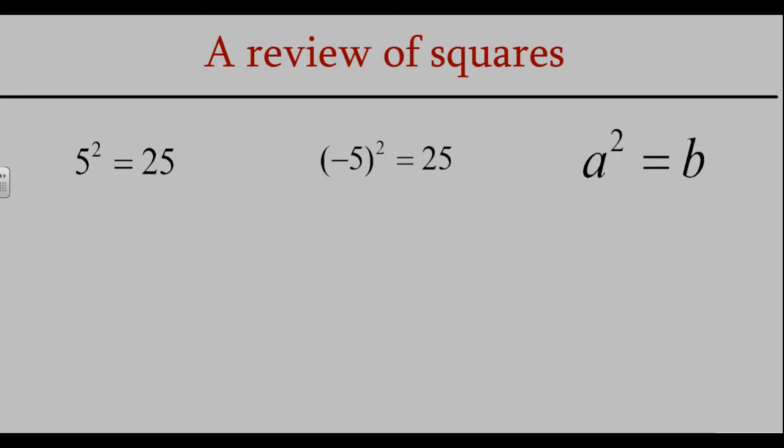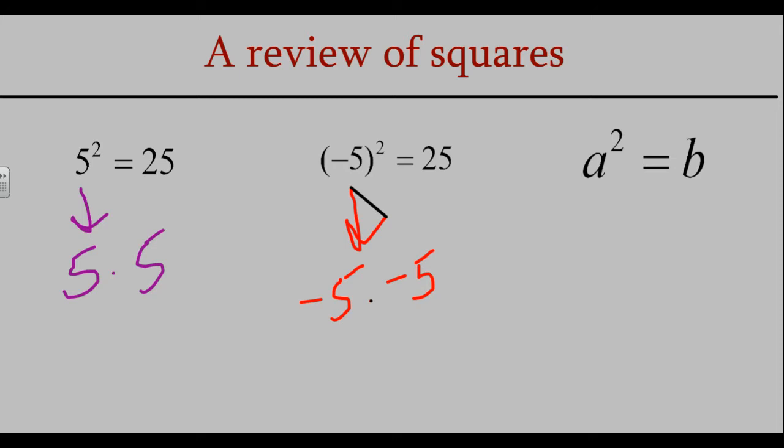And remember that when we square something, we just multiply it by itself. So 5 squared is the same as 5 times 5, and we get 25. Negative 5 squared is the same as negative 5 times negative 5, which is also 25.